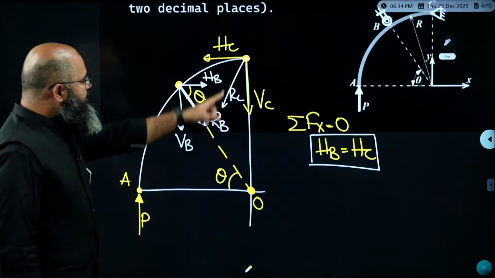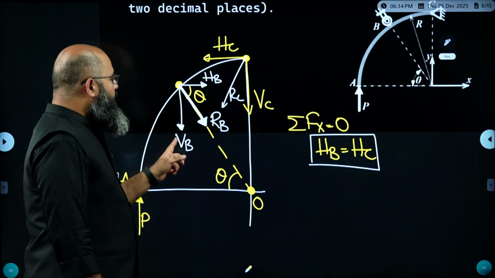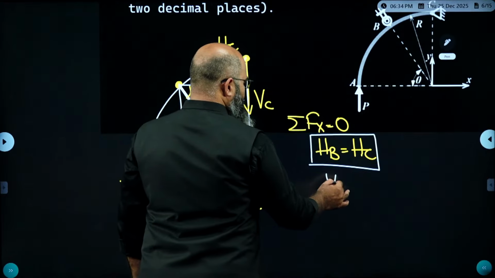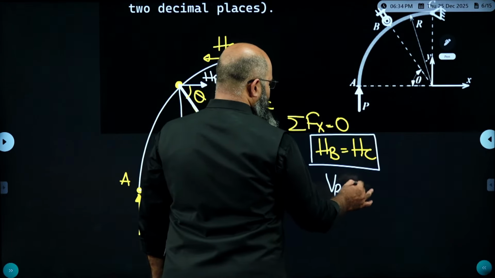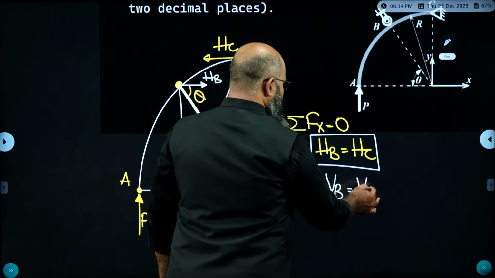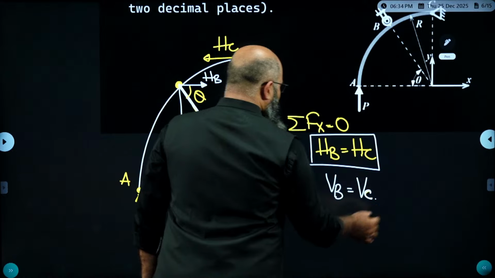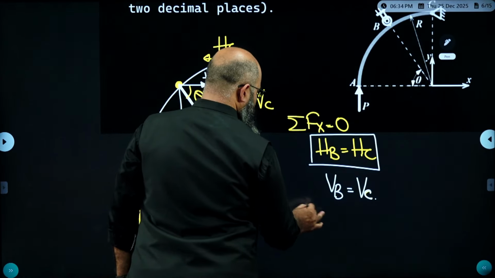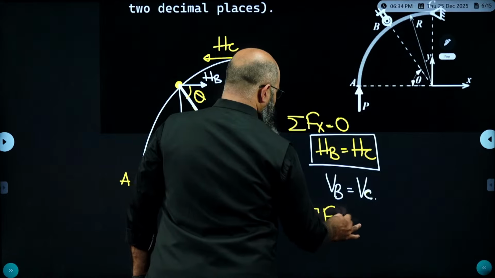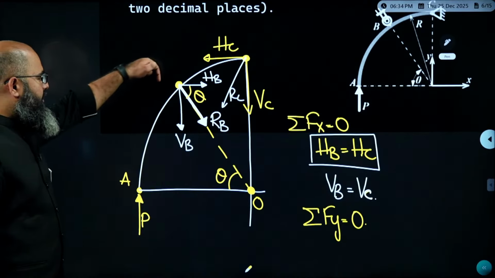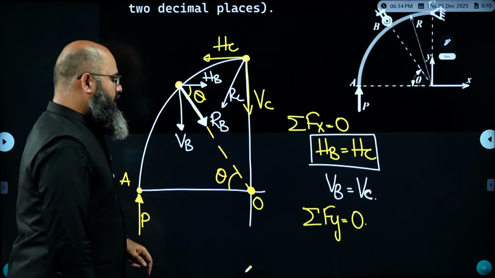If RB and RC are equal, and HB and HC are equal, VB and VC also should be equal. So I can say over here, VB must be equal to VC. Now if I take sigma Fy equal to 0, I am having P minus VB minus VC.